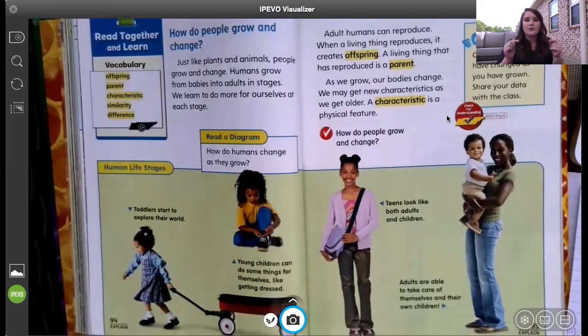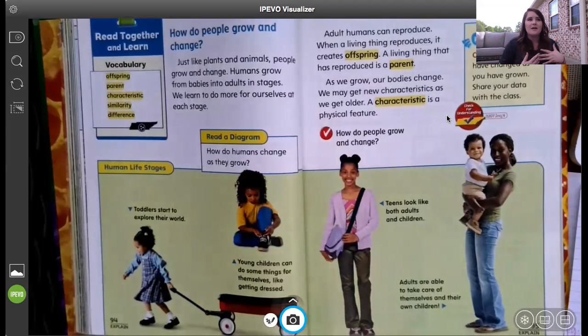So how you look right now at 5 or 8 or 12 years old, you're going to look different in a few years because your characteristics, your physical features are always changing. And it's really cool because you're an offspring or a child of your parent, a lot of times you look like your mom, or you could look like your dad, or you could look like both of them because their physical features, how your mom looks and how your dad looks, those kind of mix together and then they have you.